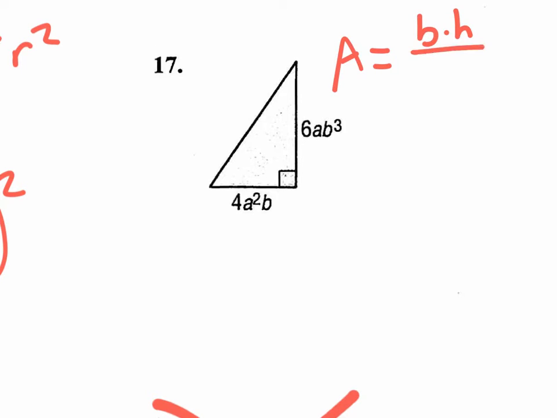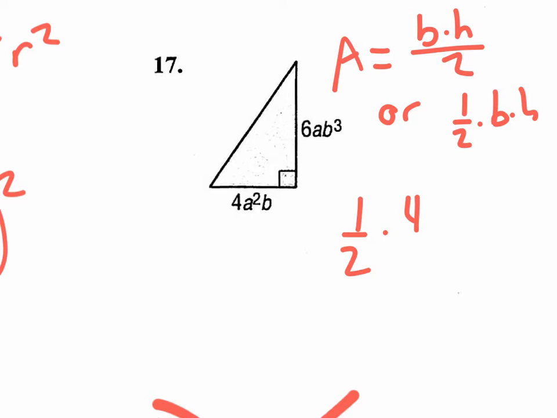Base times height divided by 2, or you could say 1/2 times base times height, whatever you like. Okay, so I would go with the 1/2 times the base times 4a squared b times the height, which is 6ab to the 3rd. Okay, and that's how you work this out, using the rules of exponents.